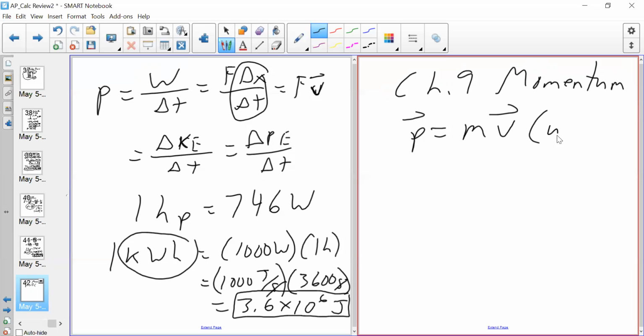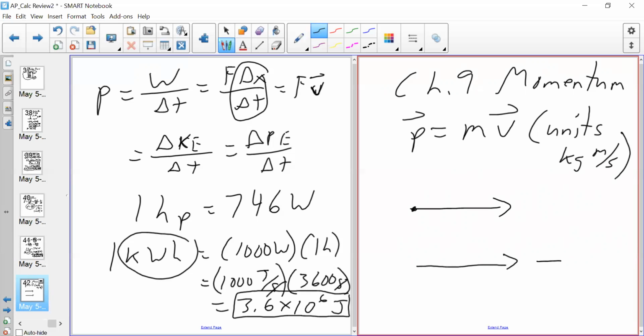The units, kilogram meters per second. Then if we have a force in a certain amount of time to change the object's momentum, say for instance it was moving along, P equals mv, then you have, let's say, a puck, and a hockey stick comes in and changes the initial velocity to a larger velocity.